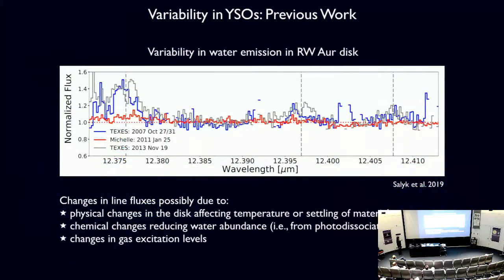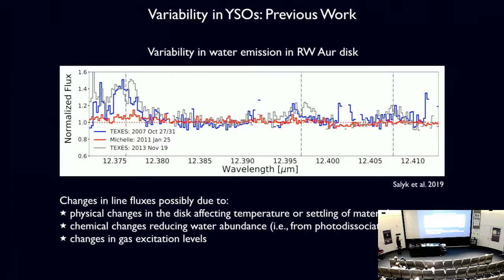Some other examples: Colette Salyk in 2019 published a variability in water emission, and you can see it using different instruments. This was Gemini with TEXES and Michelle. You see no emission here and emission in these profiles, and they determined this was not an artifact of the data reduction, but possibly due to, again, physical changes in the disk that could affect temperature or settling of material. We know that ice will sublimate, for instance in the CO work that we're doing, so maybe there's something affecting the solid reservoir, perhaps, and maybe in the water.